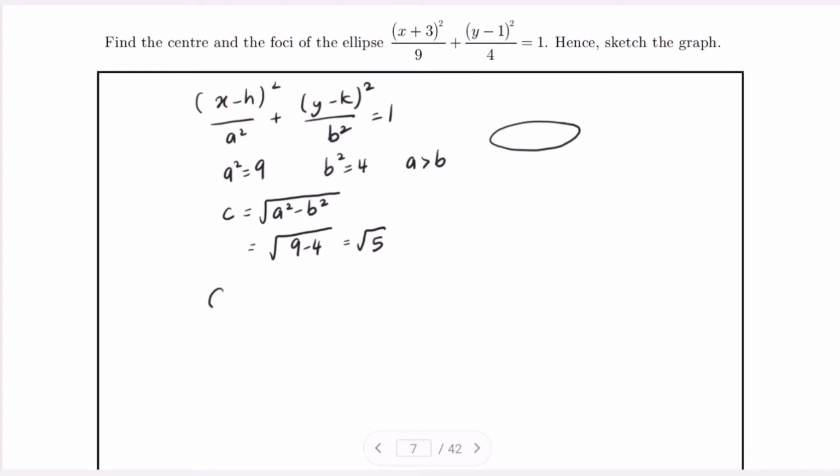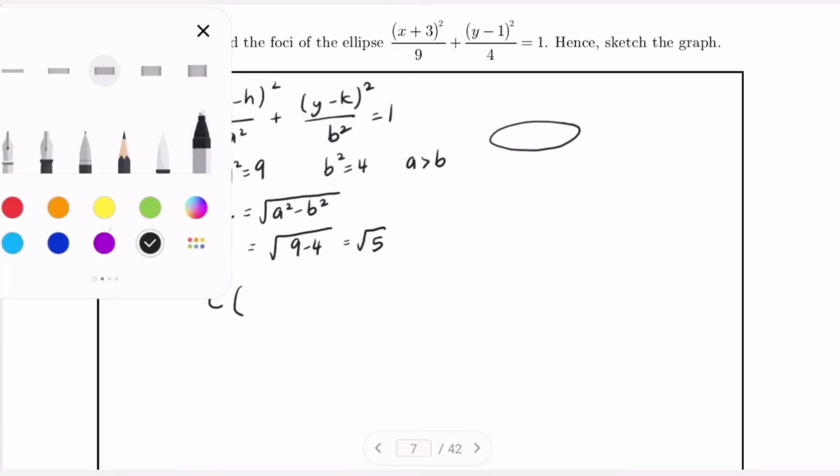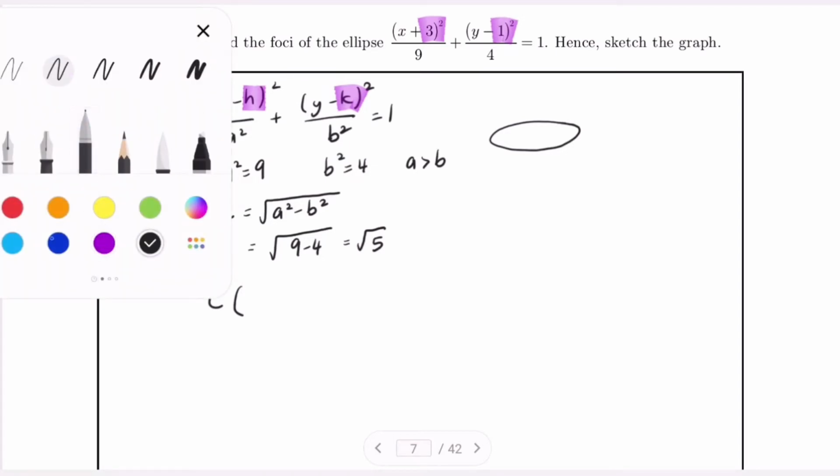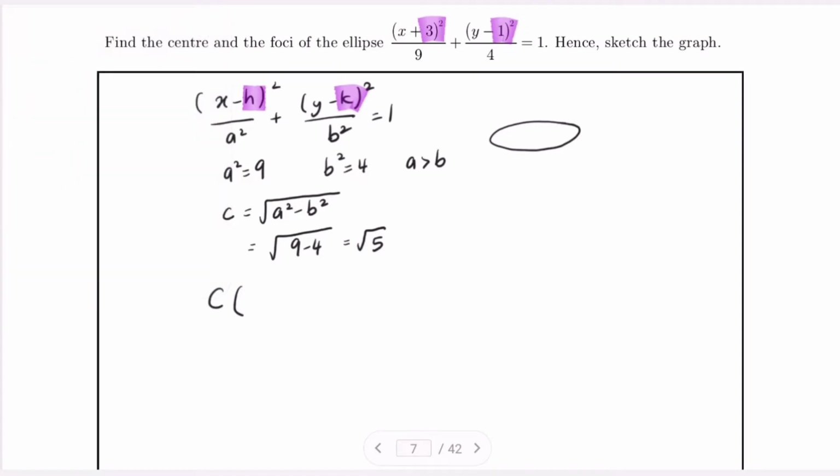So let's start with the center. We're going to compare h with -3 and k with 1. So we get the center of (-3, 1).